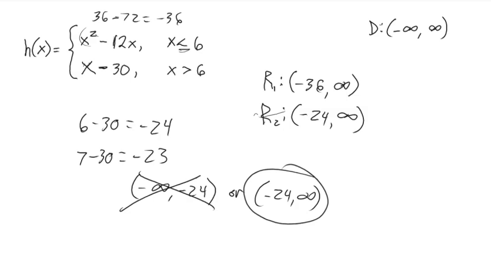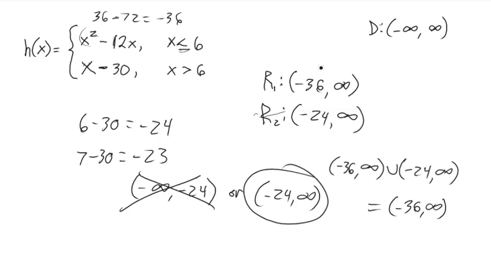Well, I want you to notice that if we were to union negative 24 up to infinity with this, the whole thing is inside of here, because negative 24 is in the middle of here, and they both go to infinity. And therefore, if we were to say negative 36 up to infinity union negative 24 up to infinity, that's the same thing as negative 36 up to infinity.